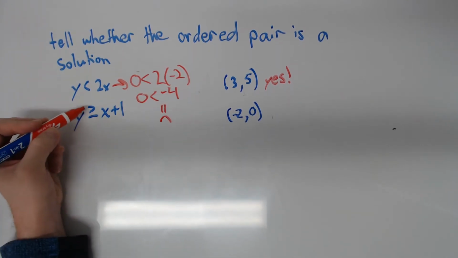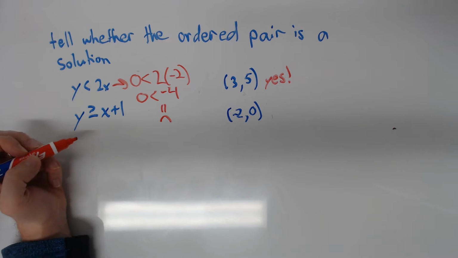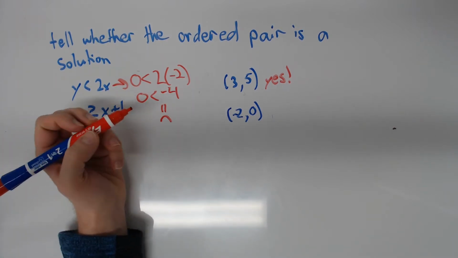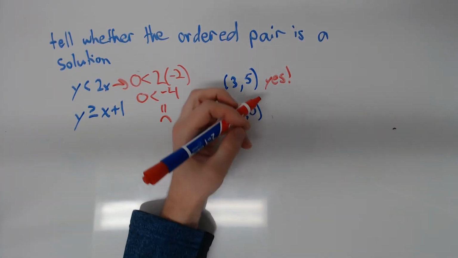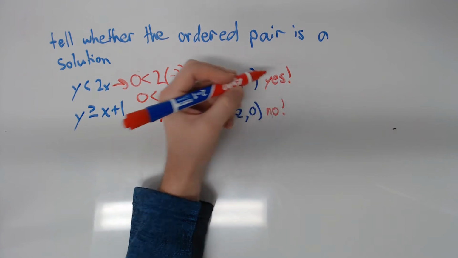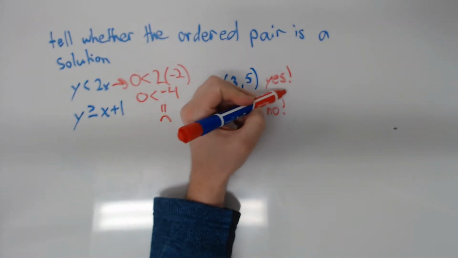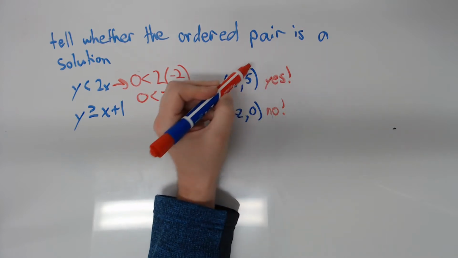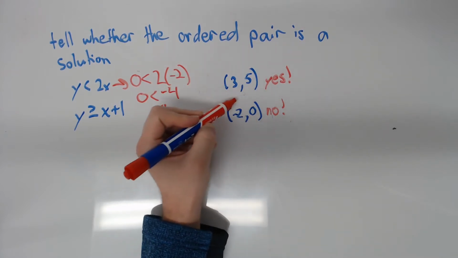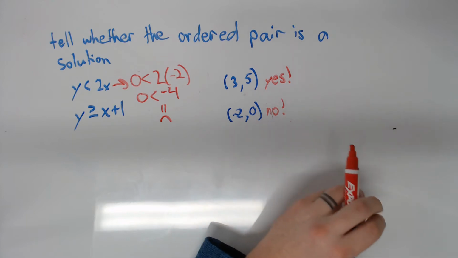We don't even have to check the second one, because this isn't a solution if it doesn't work for both. This is going to be a no. So the first point would be in the overlapping shaded area. The -2, 0 point would not be, and that's what we're going to look at next.